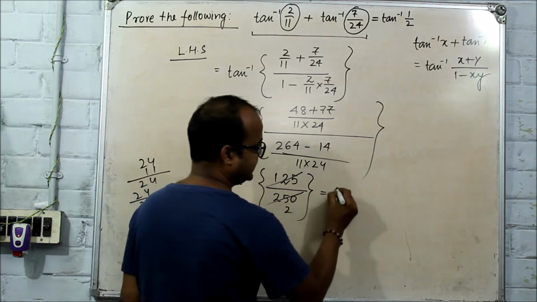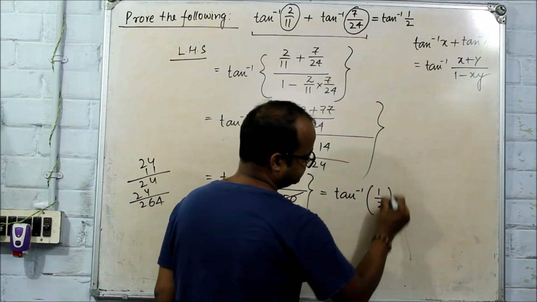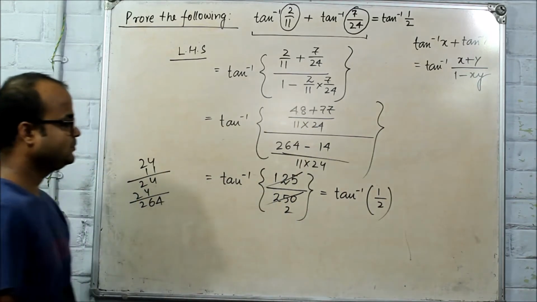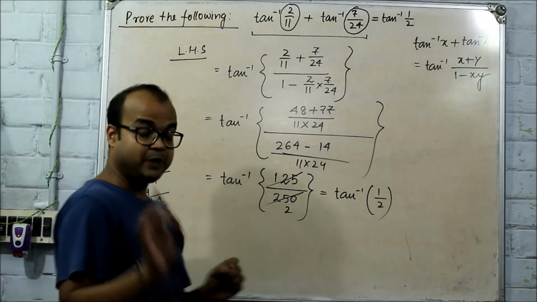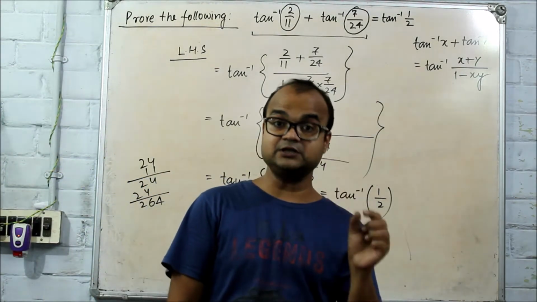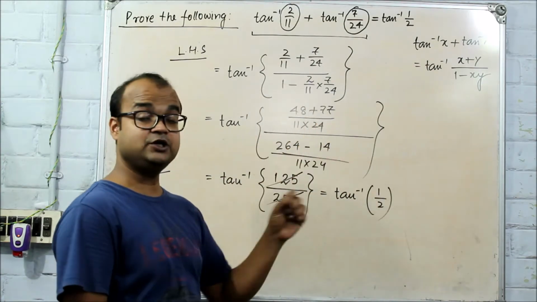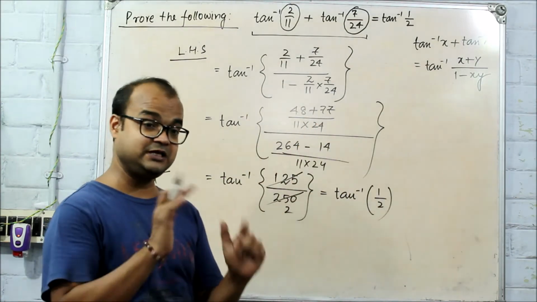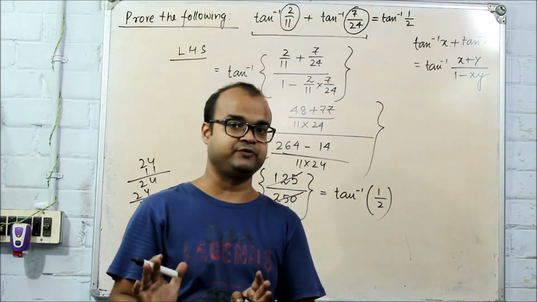So you will get tan inverse of 1 by 2. Clear? So in the calculation part you need to be very smart, so that you don't need to calculate unnecessary parts. If you see that these denominators will cancel each other, there is no need to simplify.